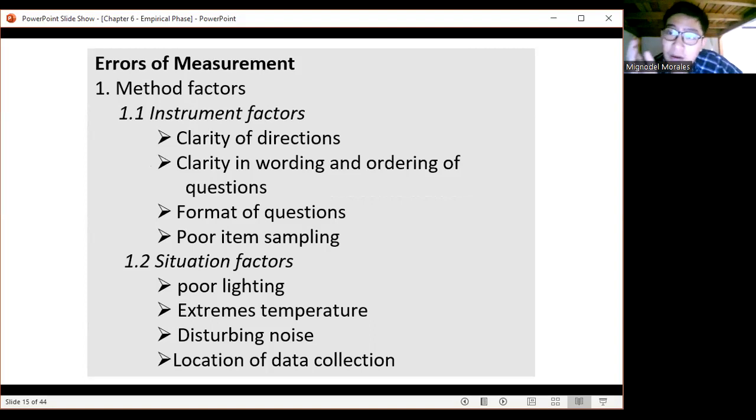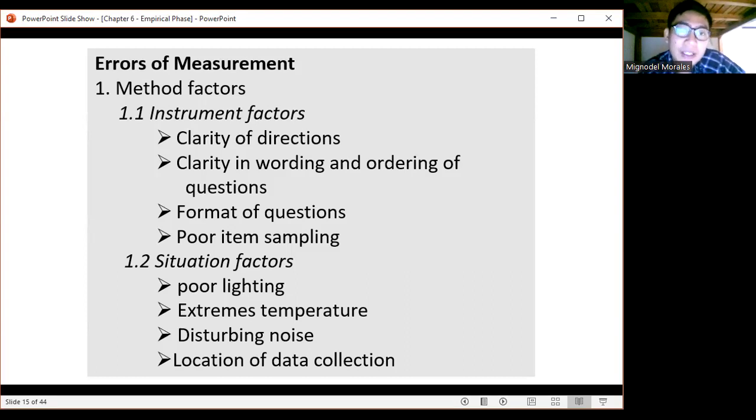Okay? 1 is the lowest, 5 is the highest. So some of the researchers tend to change it: 1 is the highest and 5 is the lowest. Thus, there's confusion. So kailangan maging clear tayo kung paano tayo maggagawa ng directions.